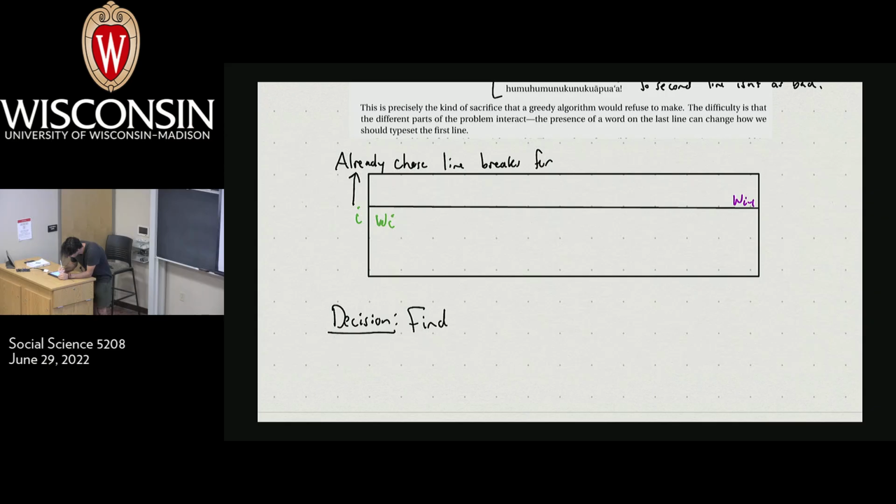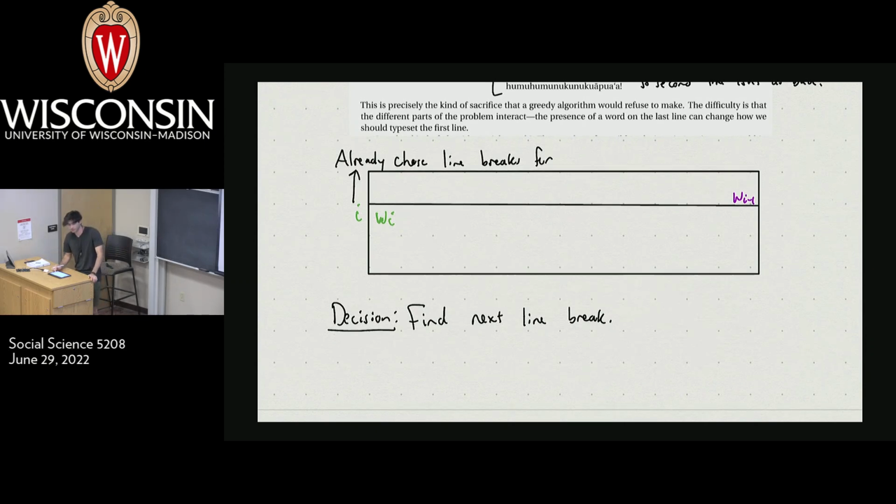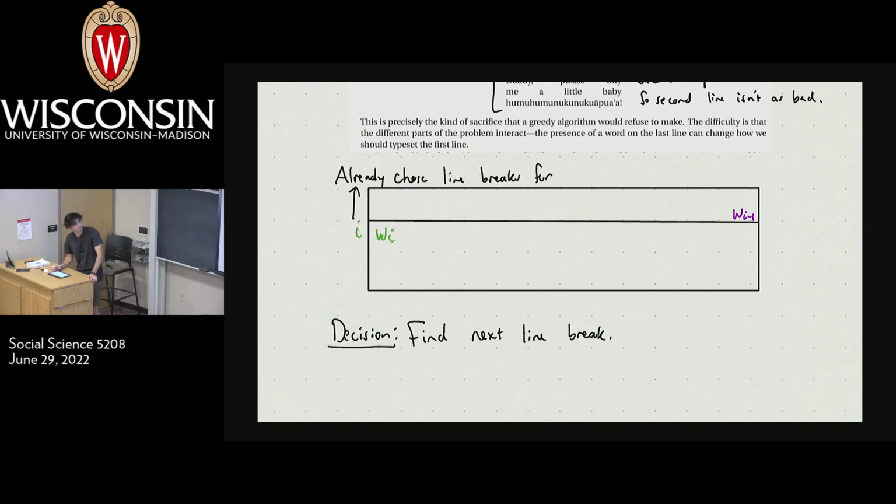Find the next line break. So this is kind of similar to text segmentation, where our goal was to find the next word. We were inserting spaces. Now we're going to be inserting lines. So it's very similar to that previous example. Okay, so our goal is to basically find what J should be at the end of this line. And we want to do this in a way that minimizes the total white space.